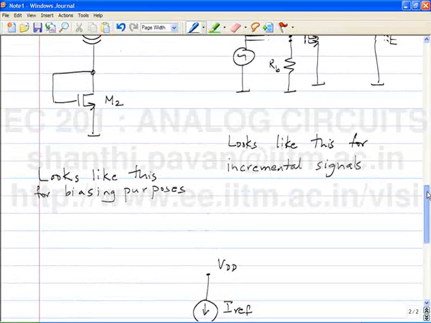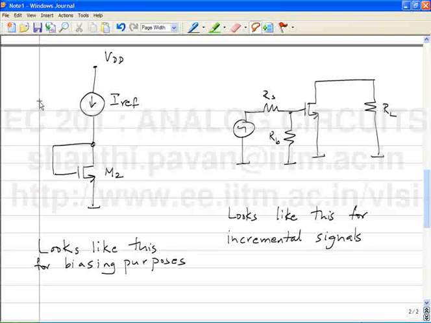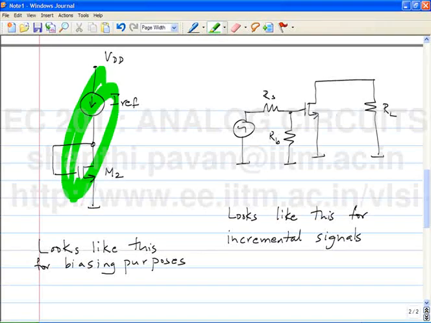See this part, I mean imagine you are in the lab, right? You put IREF, you take M2, you short the drain to the gate, and you are all set as far as the quiescent signals are concerned. Correct? You have done the quiescent part. Now I need to make this chap here look like this guy for incremental signals. What all is there in the incremental part which is not there in the quiescent part?